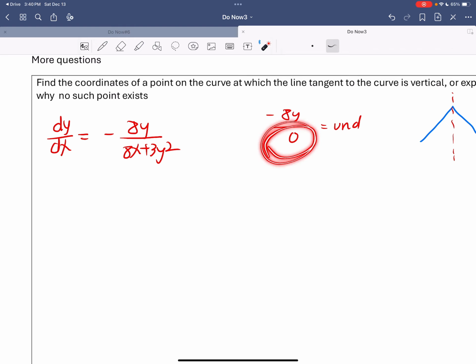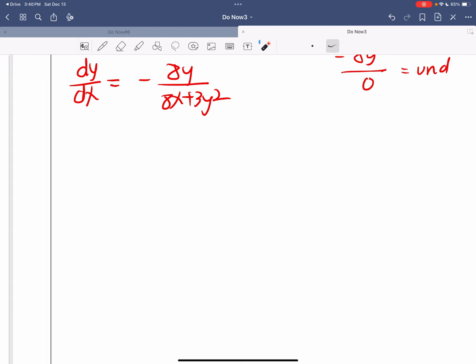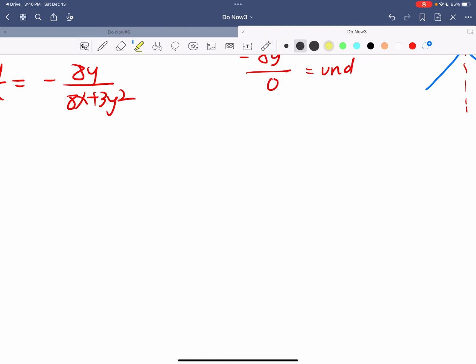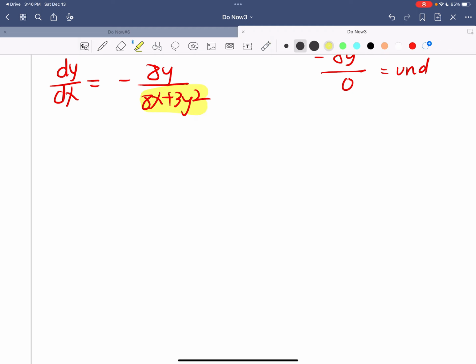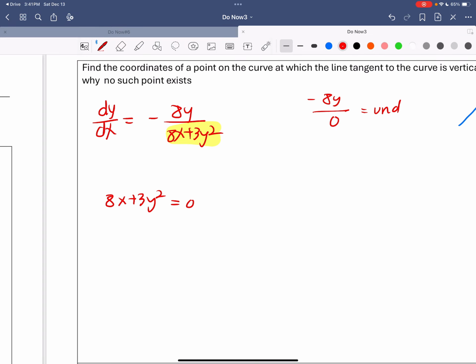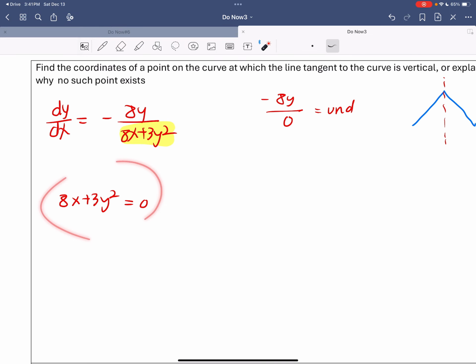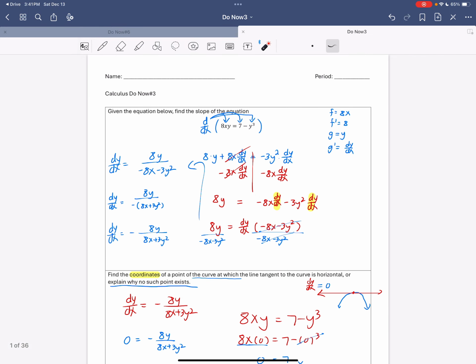So what really matters is, in order to have an undefined slope, the denominator has to be equal to 0. So what I'm gonna do is, do you see this bottom number? I'm gonna set 8x plus 3y squared equal to 0 so that I can actually solve for this. The question is, what value do I have to solve for?